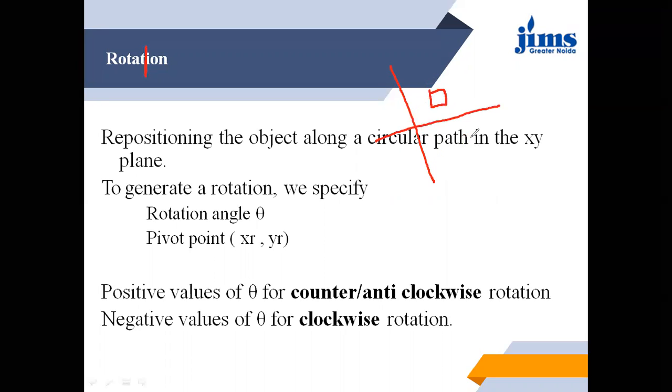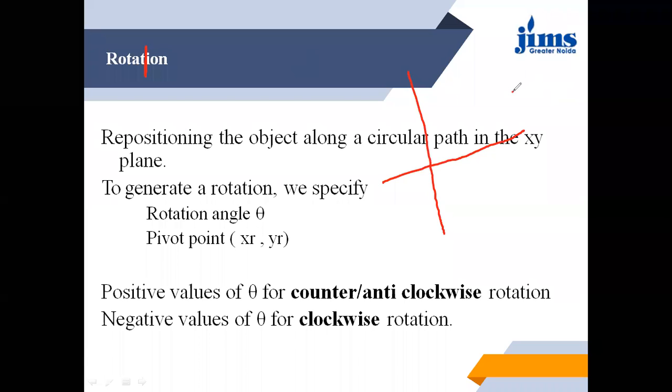I am telling you a different example. Suppose this is the coordinate system. This is an object. It makes an angle theta from the x-axis, then I want to rotate it from theta angle to some other angle in this direction.